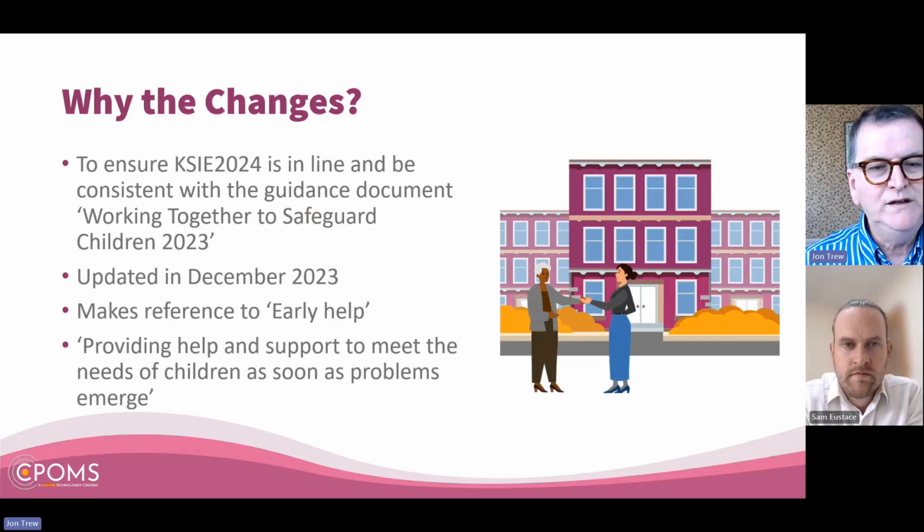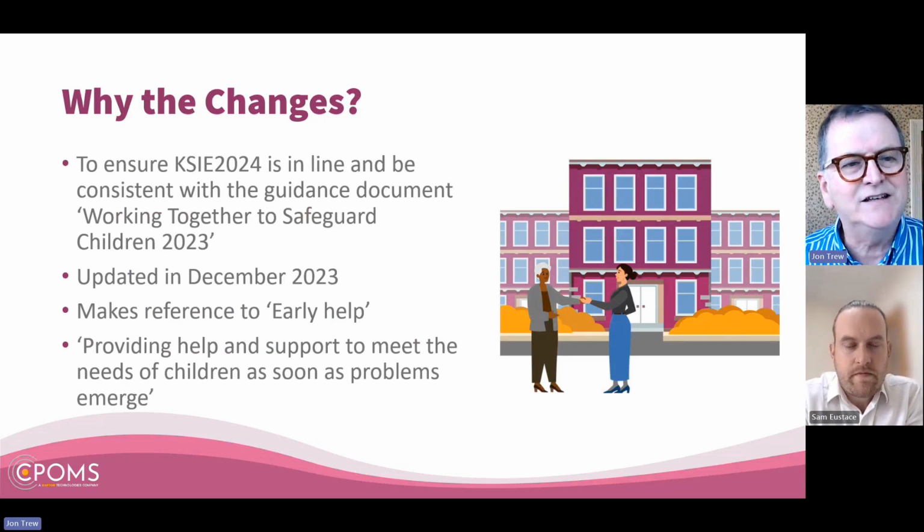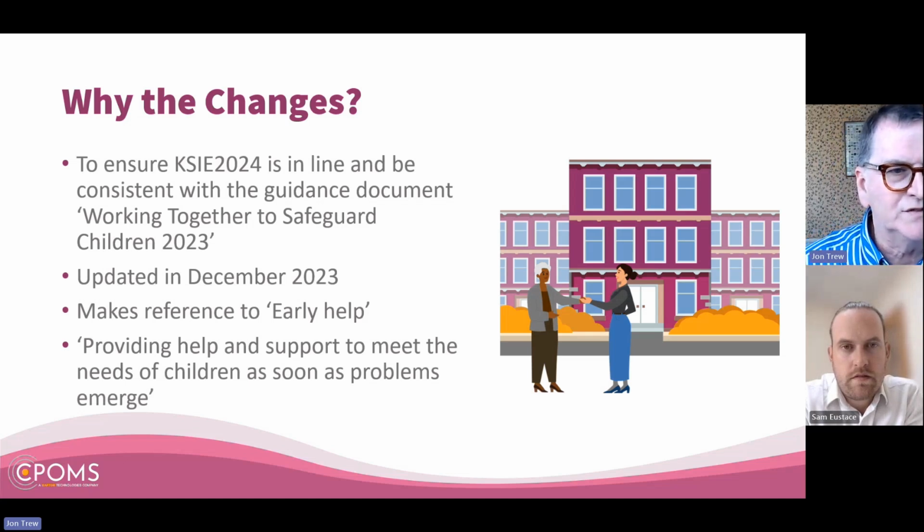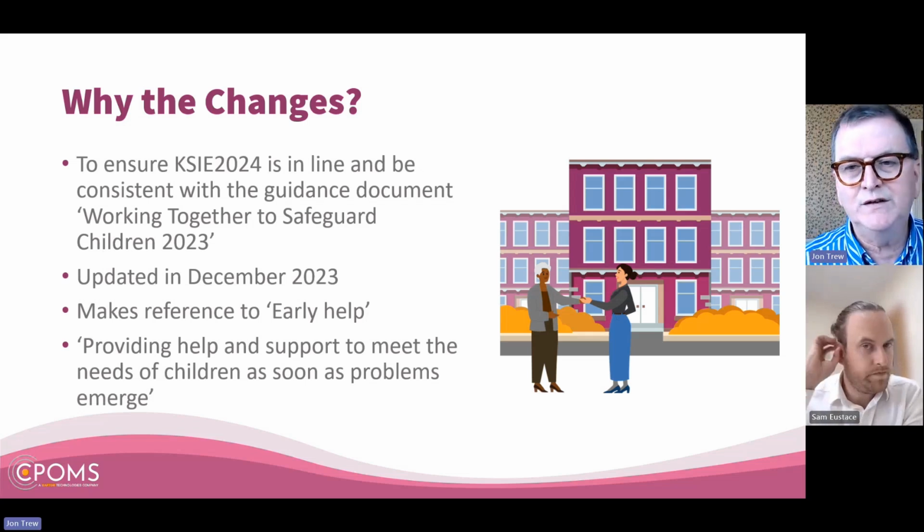So why do we need these changes? To ensure that keeping children safe in education is in line and consistent with working together to safeguard children 2023, which is the guidance that social workers and people outside education use to keep children safe. That document was updated in December 2023.